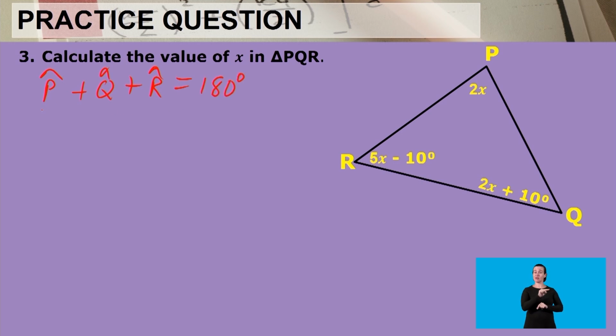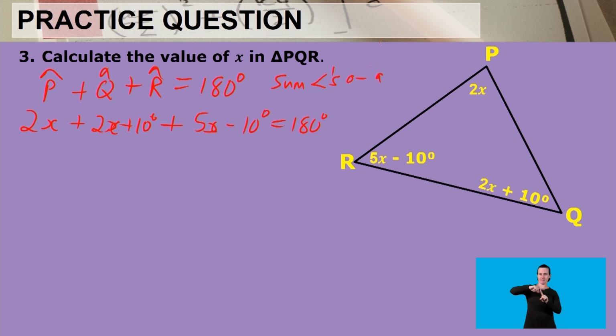Angle P is 2x, angle Q is 2x plus 10 degrees, and angle R is 5x minus 10 degrees, which equals 180 degrees. The reason here is that these are the sum of angles of a triangle.